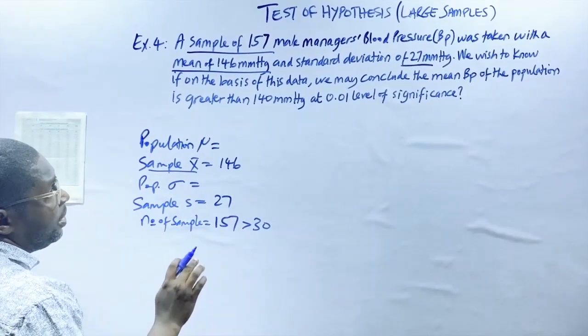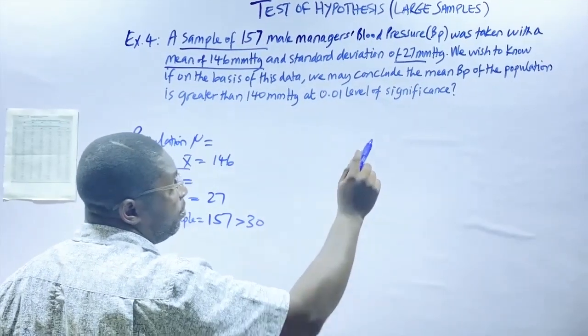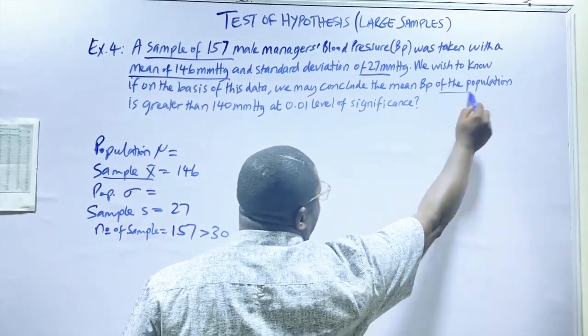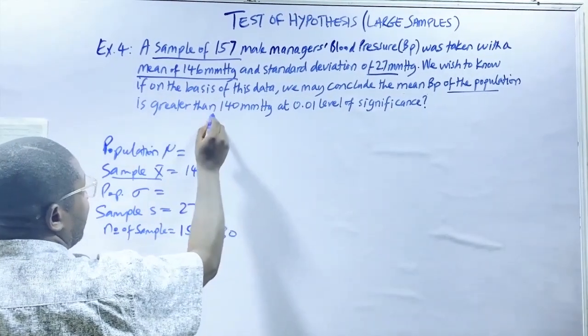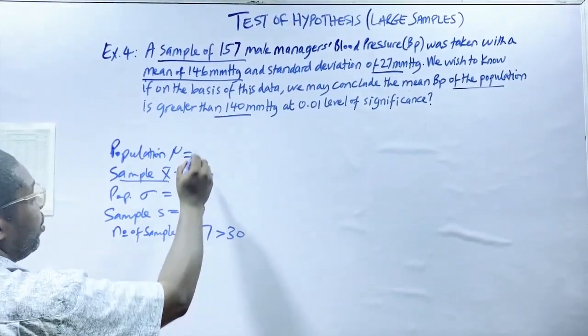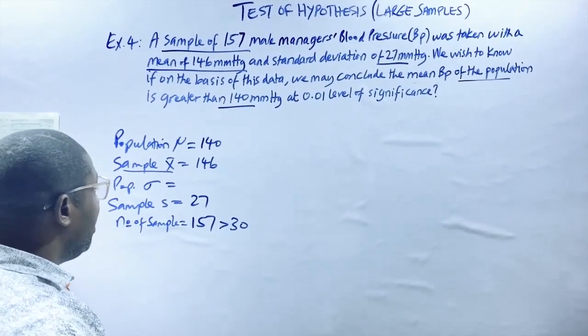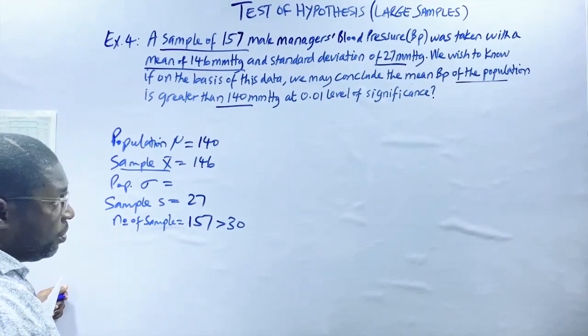The population mean in this case is got from here. Look up here: the mean BP of the population is greater than 140. So 140 becomes the mean of the population.